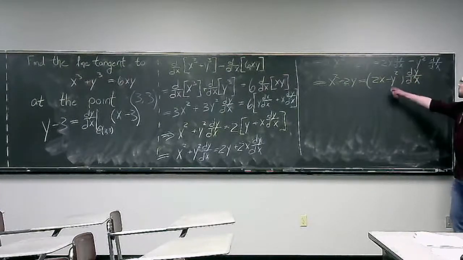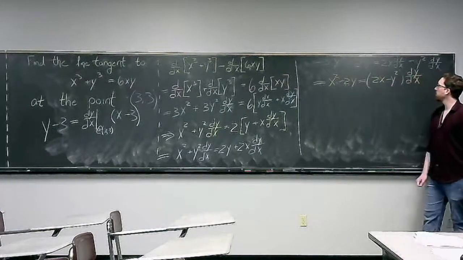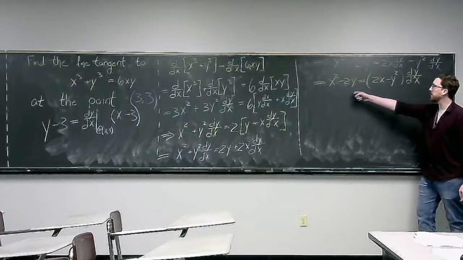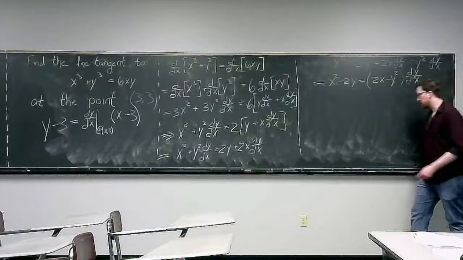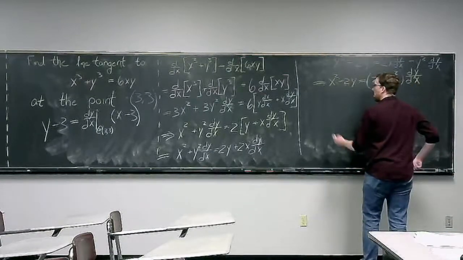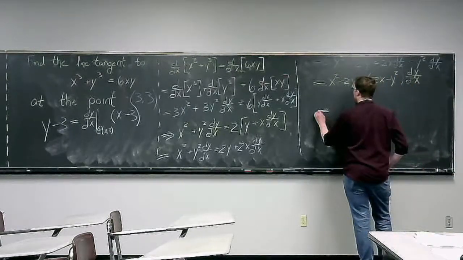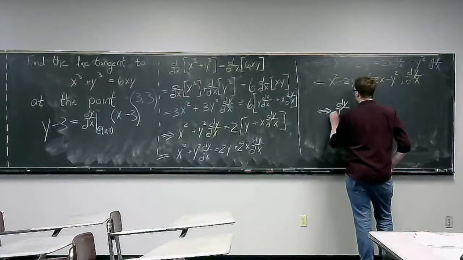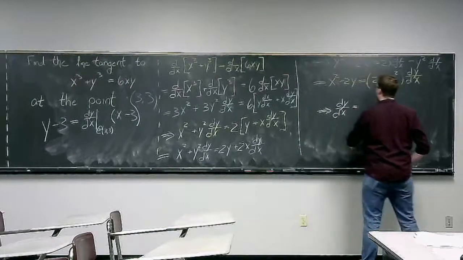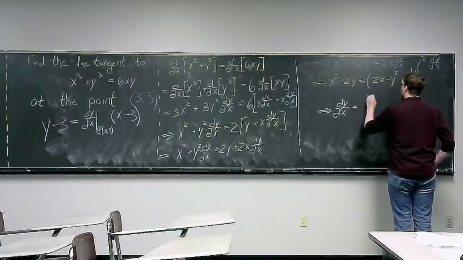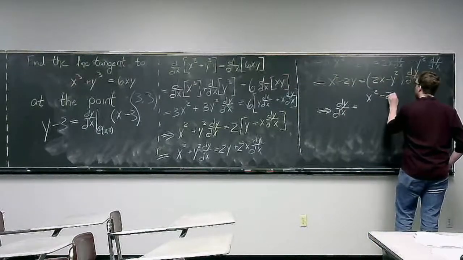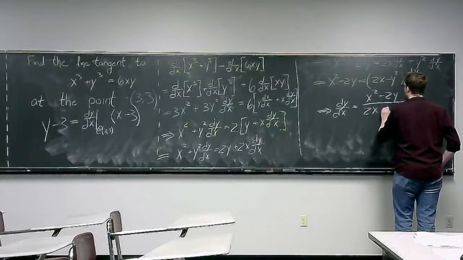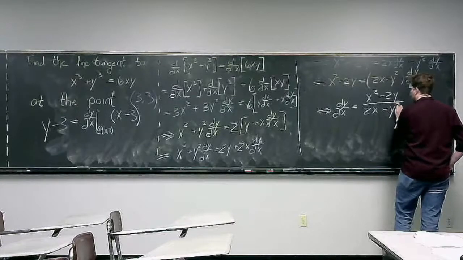Hey, check it out. We could, if we wanted to, divide out 2x minus y squared from both sides to get dy/dx. So all of this tells us that dy/dx is equal to x squared minus 2y divided by 2x minus y squared.